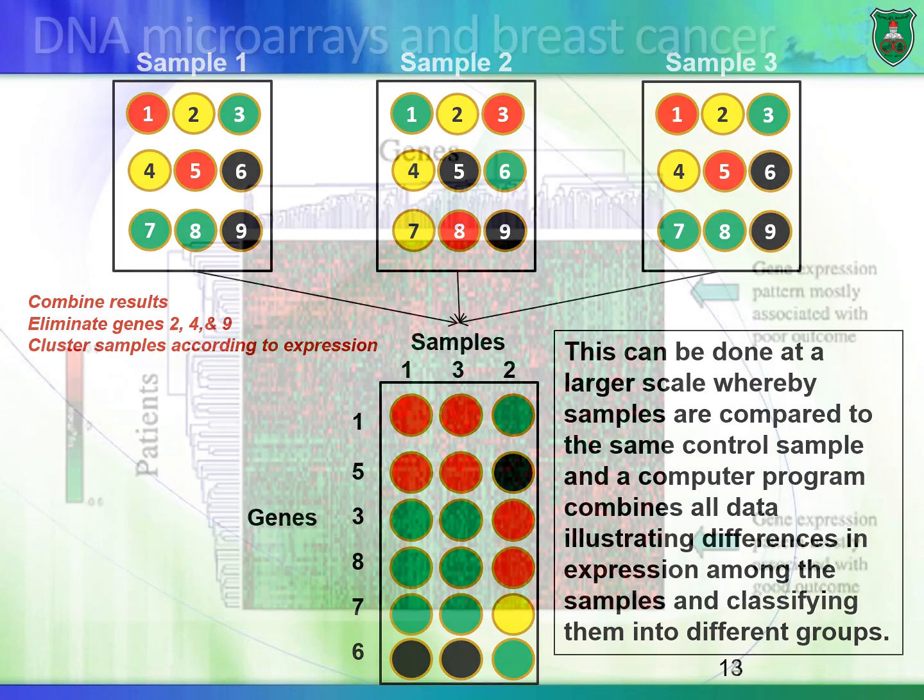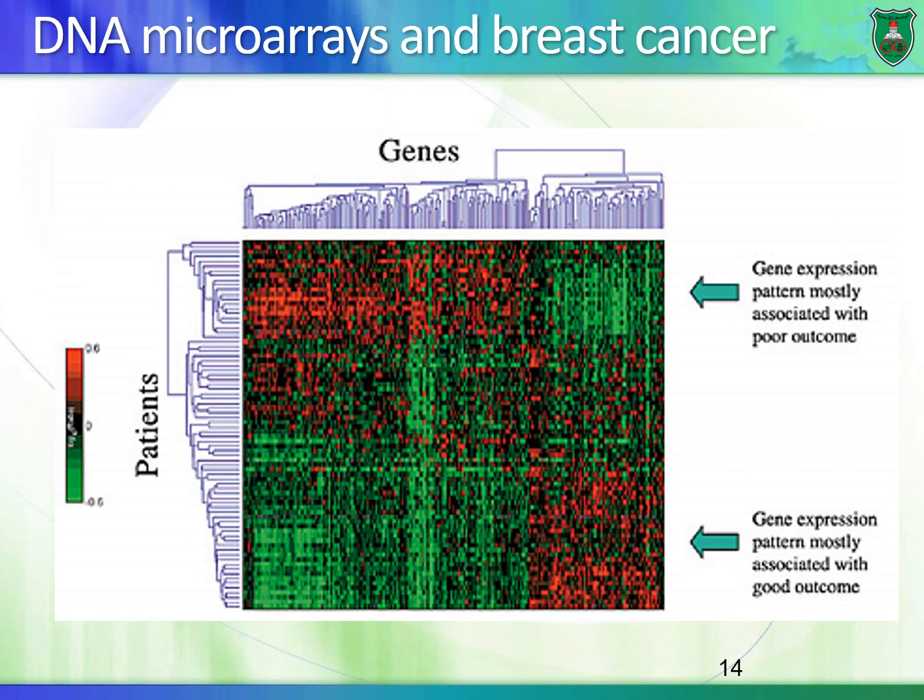So I'll show you an example right here. This is a real example for breast cancer. All these samples were taken from all of these patients, and these are the important genes that are considered. Green is down regulation, red indicates overexpression. Now look at the clustering that the computer does in here. It puts these patients together, and these are the genes that are important.